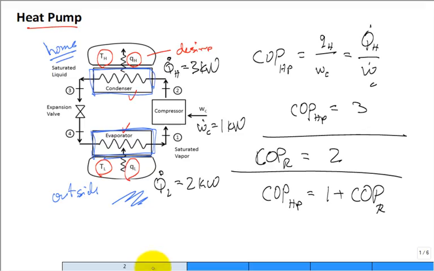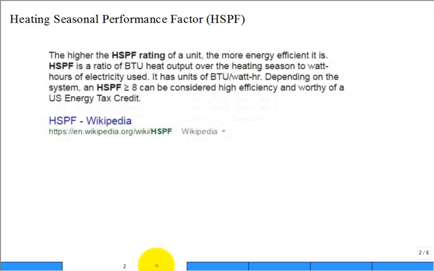Let's continue on. So the federal government wants to help consumers make good purchasing decisions on heat pump systems, so they have a heating seasonal performance factor. And look at this, it's some sort of efficiency.